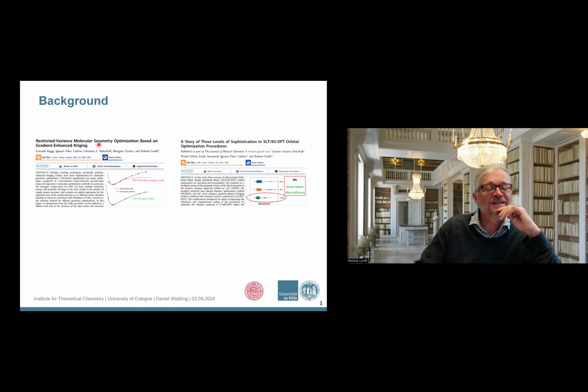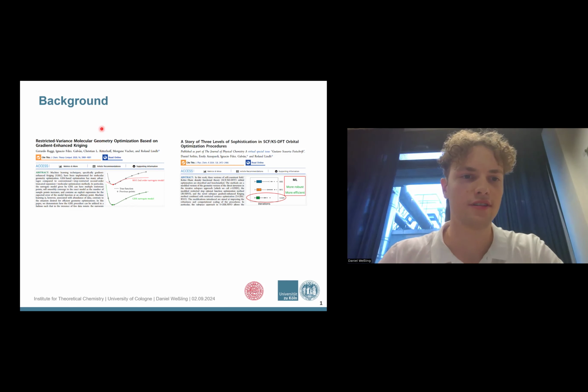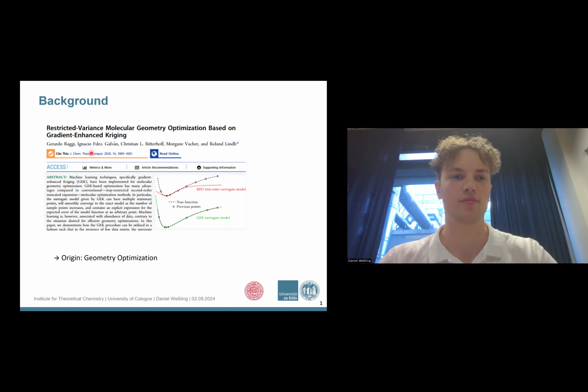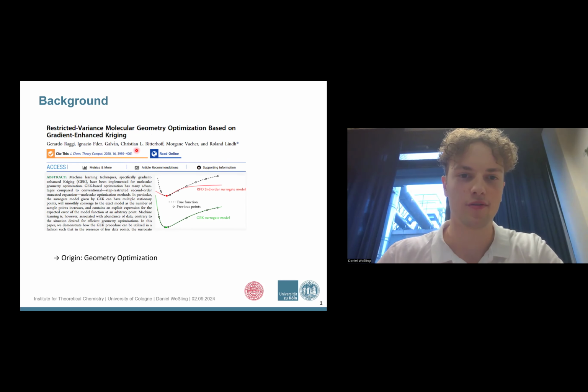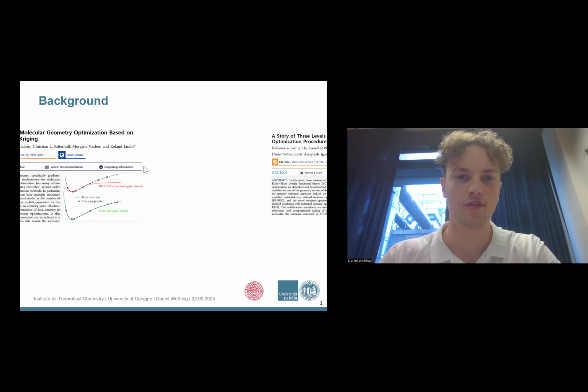All right. So a little bit of background. Gradient enhanced Kriging was first introduced in quantum chemistry as a geometry optimizer, or geometry optimizations, of course. This you can see here in this first paper published by Roland Lindh's group and co-workers.